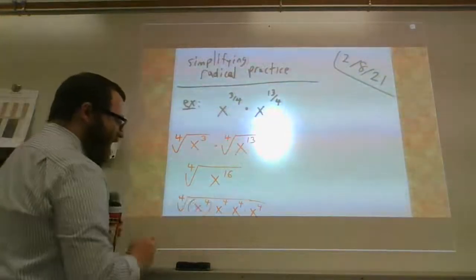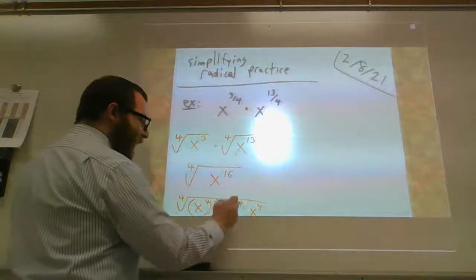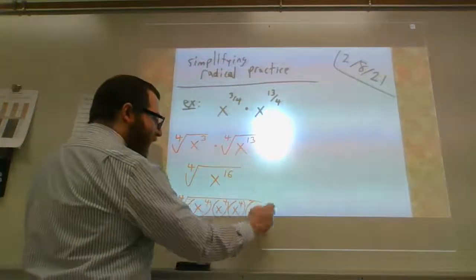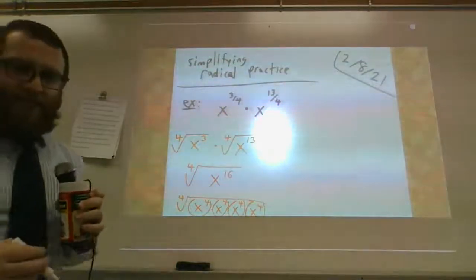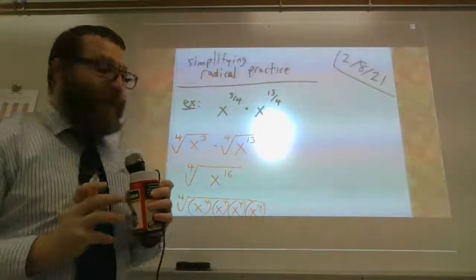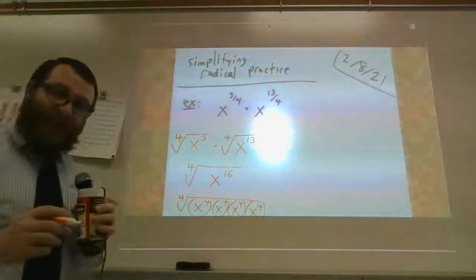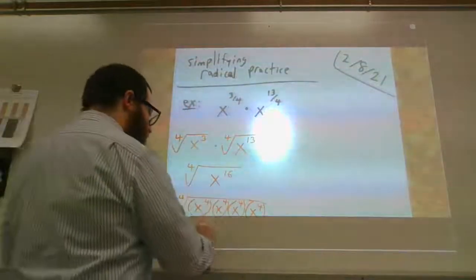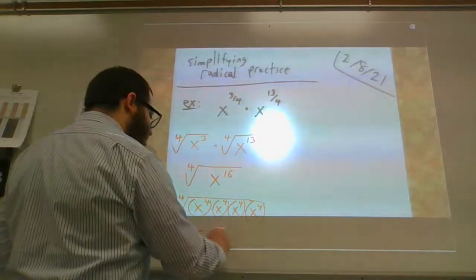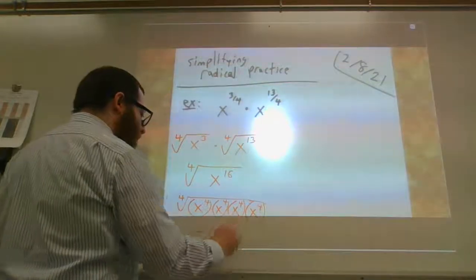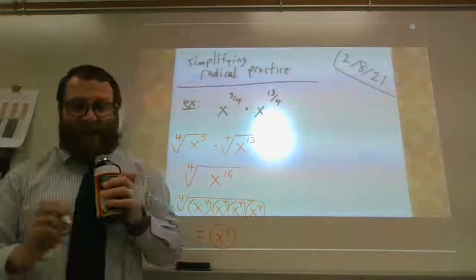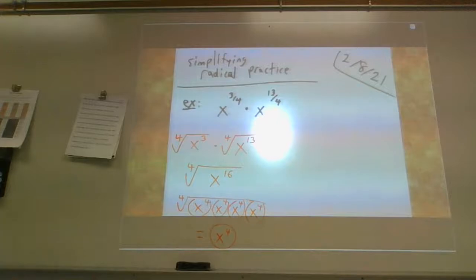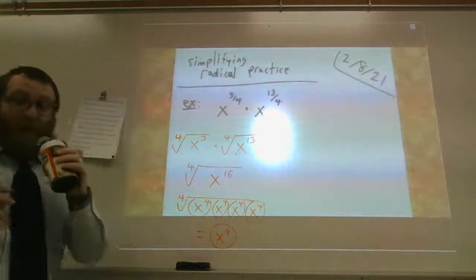But this x can escape, this x can escape, this x can escape, and this x can escape because they all have the proper exponent. There are 4 x's that are allowed to escape that are all being multiplied by each other, resulting in x to the 4th power because there's nothing left on the inside of the radical. Let me recap what I just did, and then I'm going to erase that and show you a much nicer way of doing the problem.